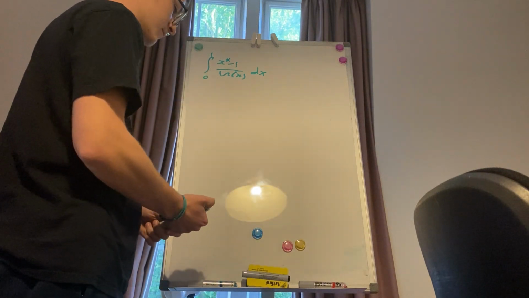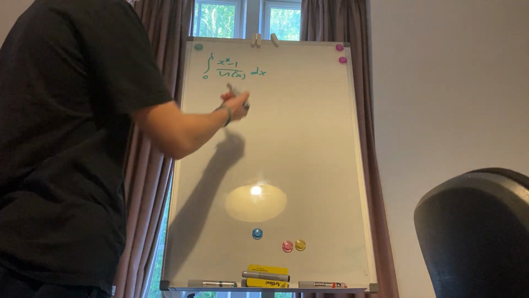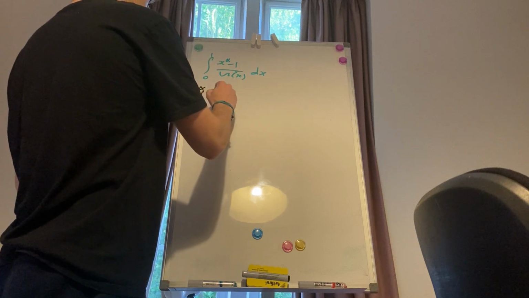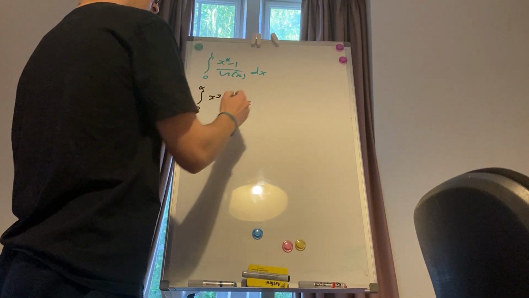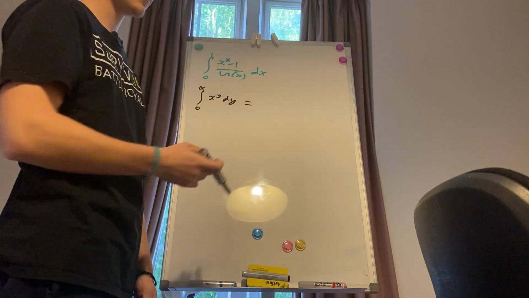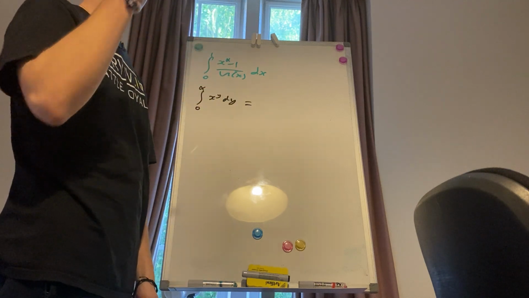Because look, this is just the integral from 0 to alpha of x to the y dy, because if you think about it, the derivative of n to the x is just n to the x ln x.